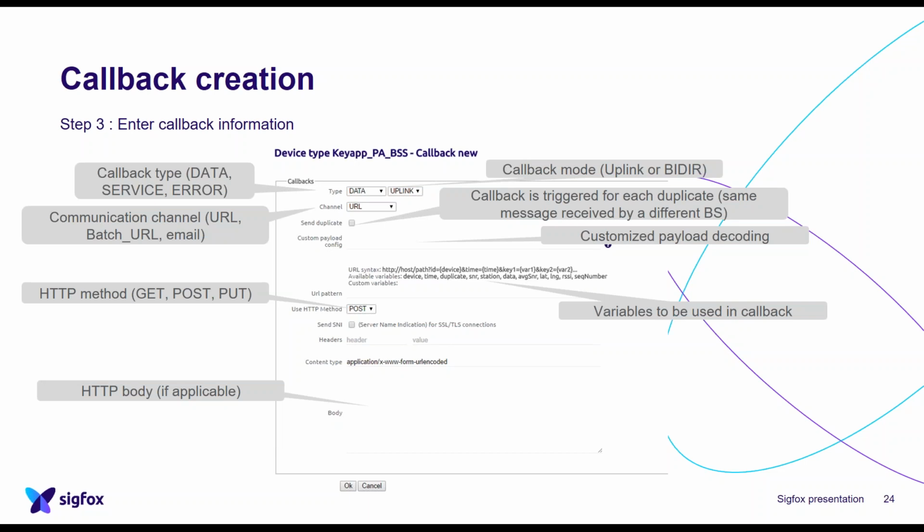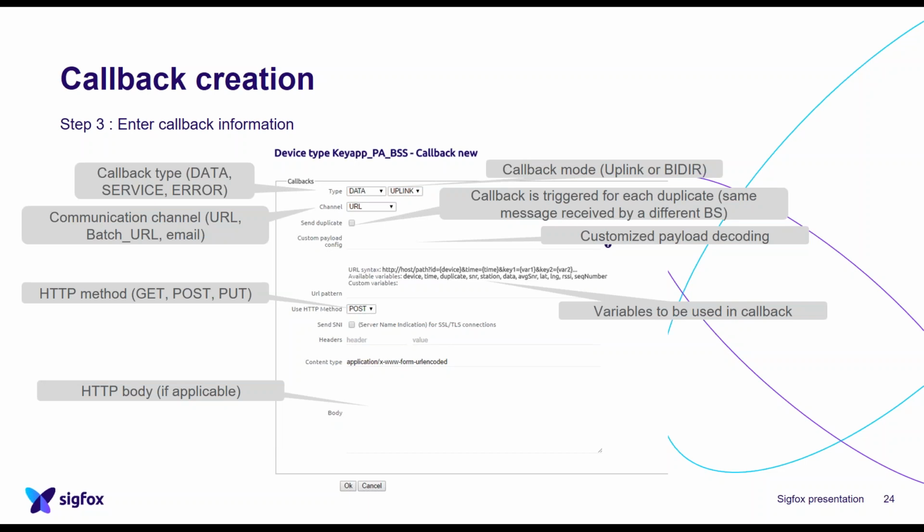There will be a 1 second delay, and in this 1 second delay, if any other device from this device type triggers this callback again, it will be added as a new row in your callback.